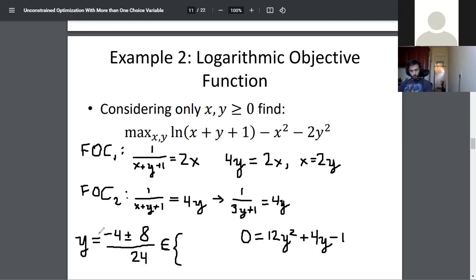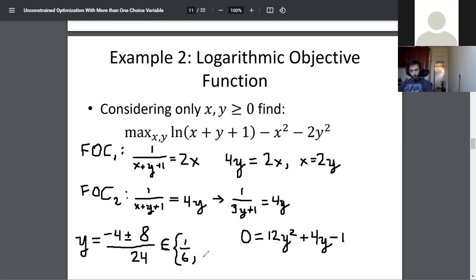So y, ignoring all this, is an element of what? That is -4 plus 8 over 24. That's -4 plus 8 is +4, correct? 4 over 24 simplifies to 1/6. Agreed? 1/6. This is the case when we use the positive here. And I'm using a comma to indicate this is a set with more than one element.